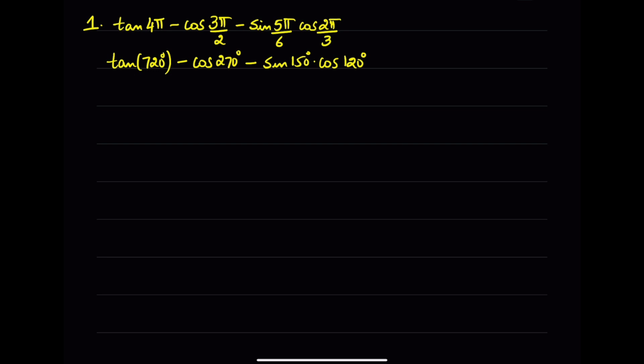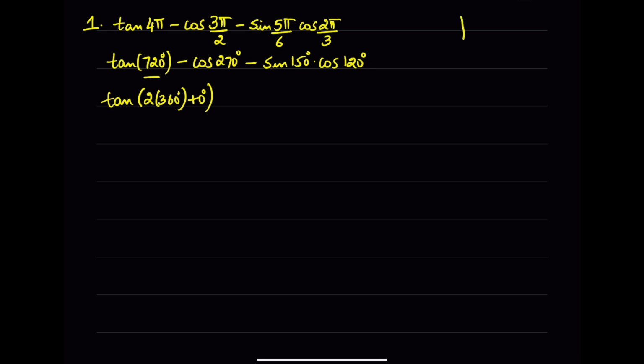Now, tan of 720 means that 2 full rotations of the circle are completed. So this is nothing but the boundary between the first and the fourth quadrant. So this is 2 times 360 plus 0. Correct? It is on the x-axis now.